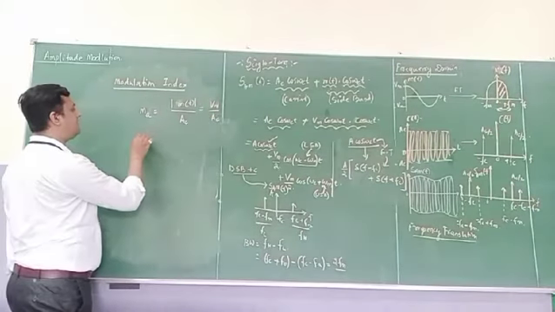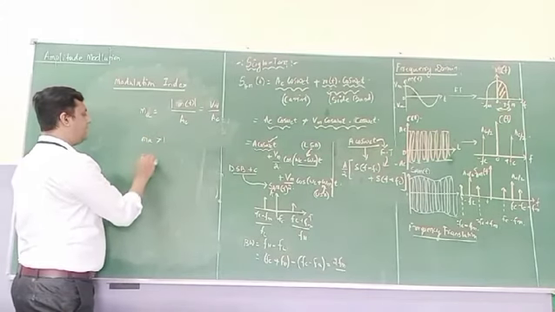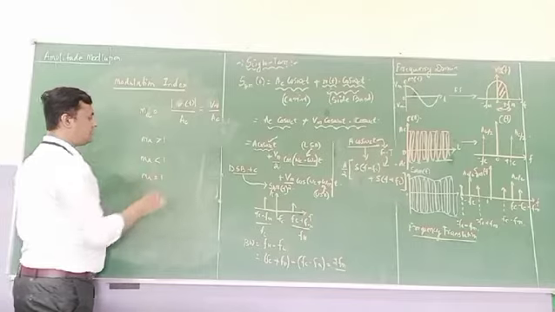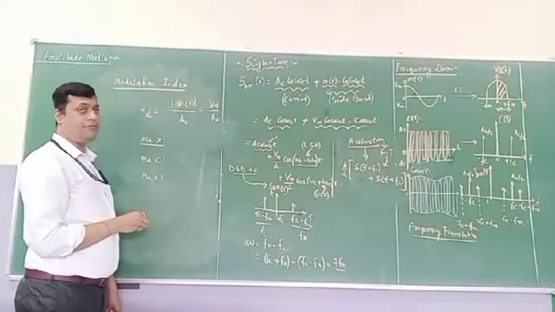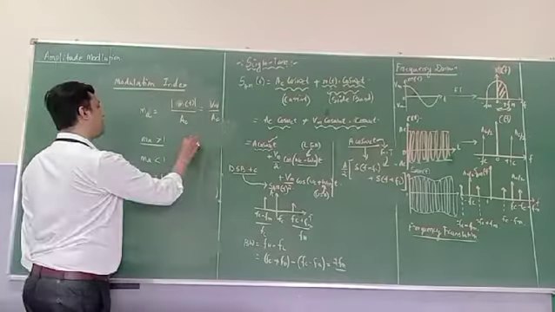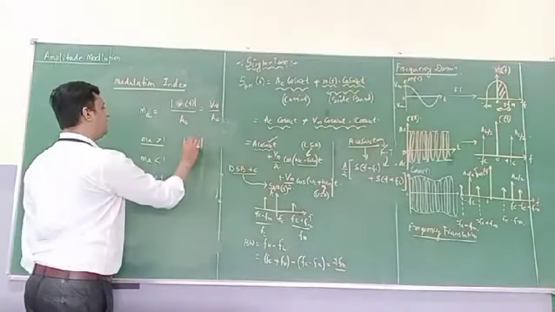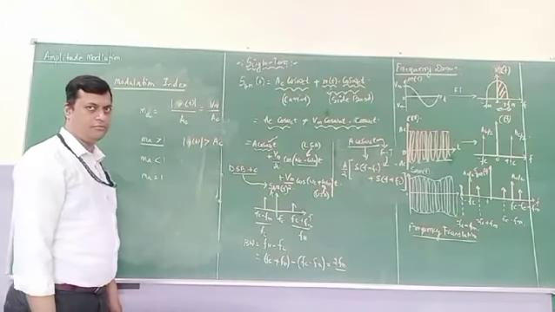Now here three things will arise: Ma greater than 1, Ma less than 1, and Ma equal to 1. What does it indicate? If Ma is greater than 1, it means the amplitude of your modulating signal m(t) is greater than the carrier amplitude.